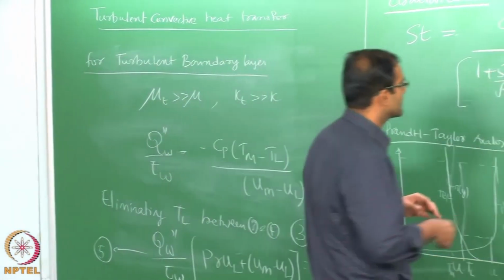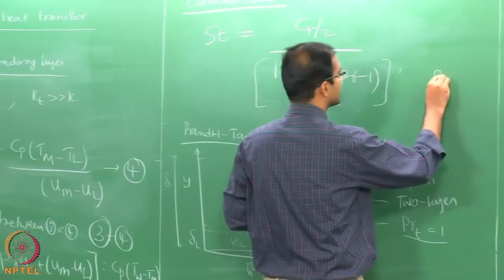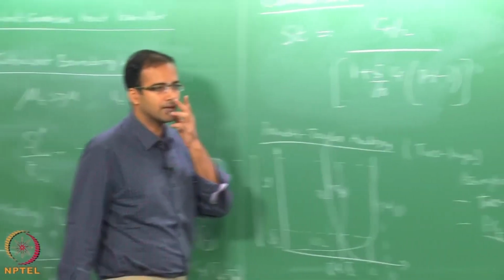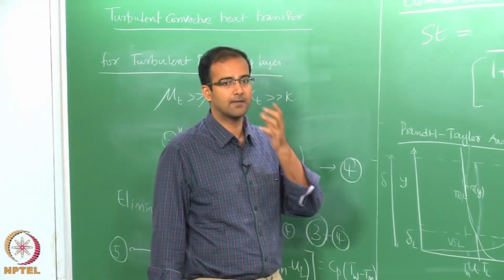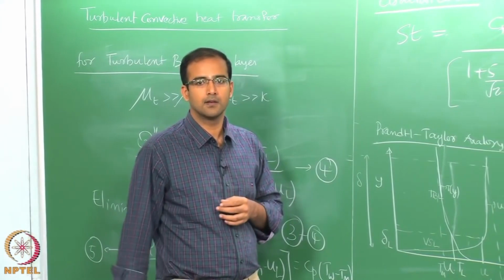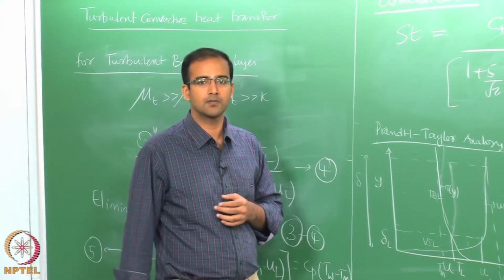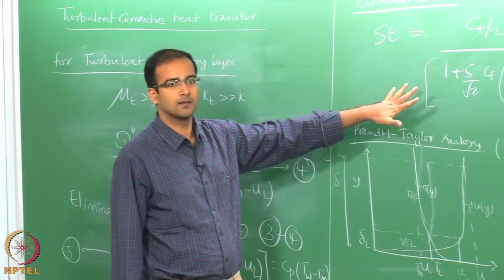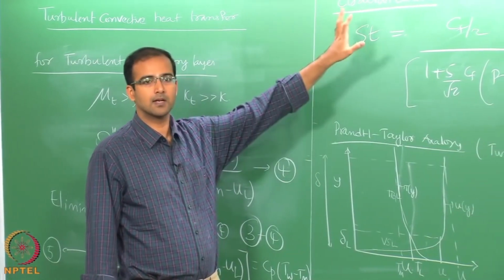For the limiting case where the Prandtl number is equal to 1, where we have a fluid with a Prandtl number exactly equal to 1, the molecular laminar and thermal diffusivities are identical. So, what happens to this? It reduces to the Reynolds analogy.